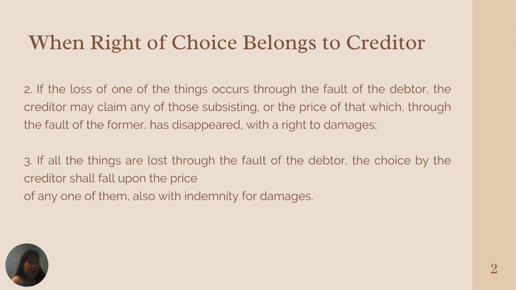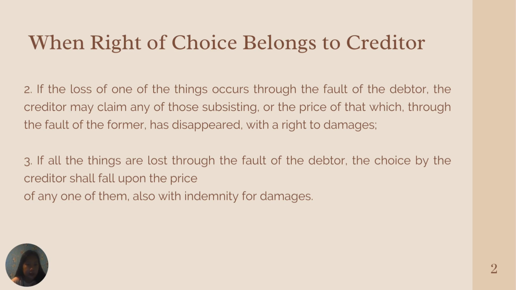Second, if the loss of one of the things occurs through the fault of the debtor, the creditor may claim any of those subsisting or the price of that which, through the fault of the former, has disappeared, with the right to damages. Third, if all the things are lost through the fault of the debtor, the choice by the creditor shall fall upon the price of any one of them, also with indemnity for damages.